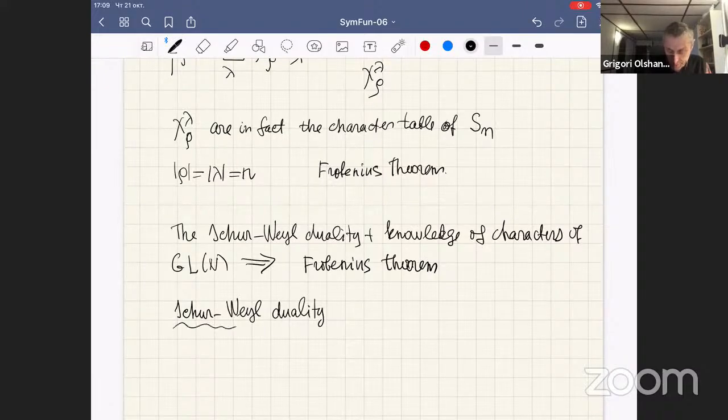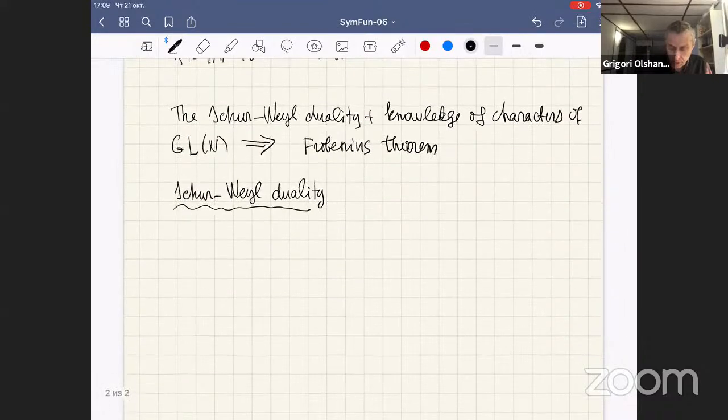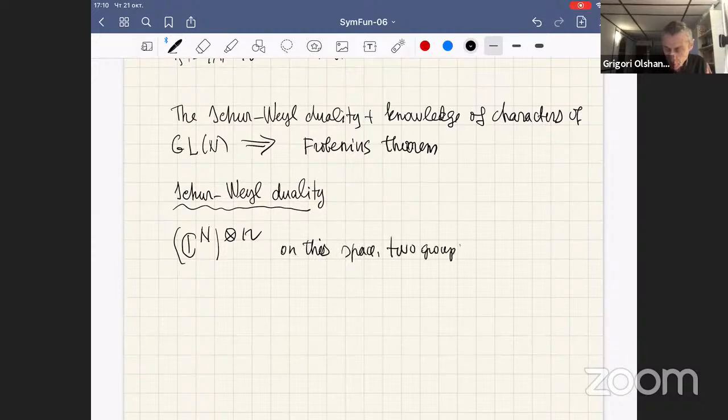Schur-Weil duality. So take the coordinate complex space of dimension n, and take its tensor power of degree small n. On this space, two groups operate.